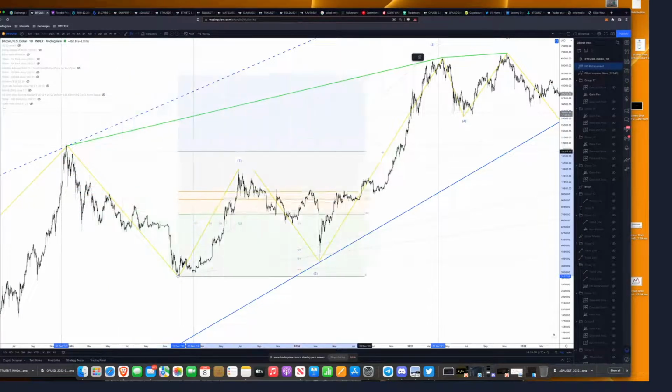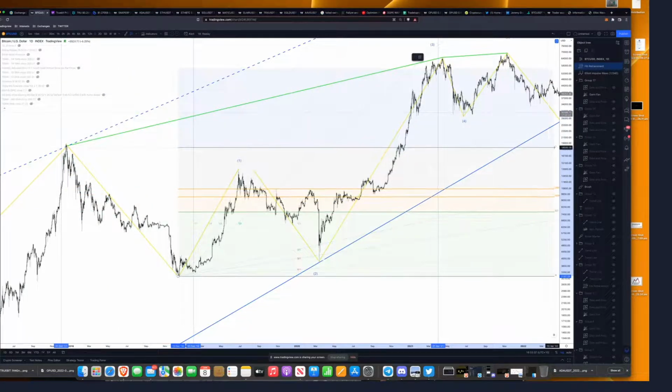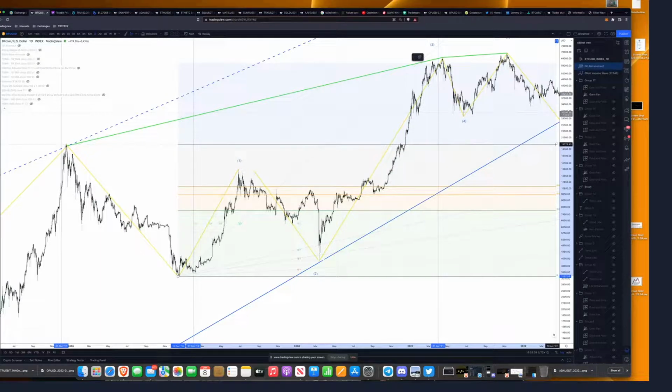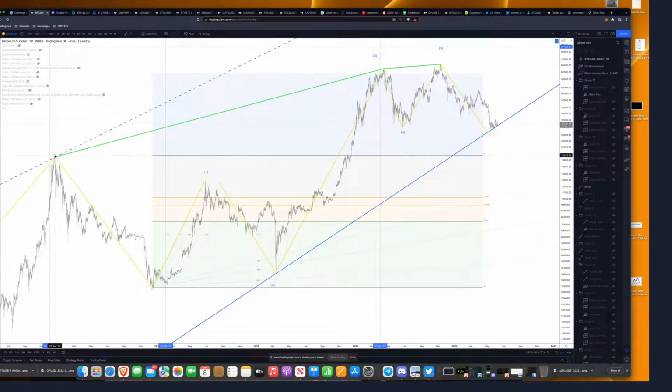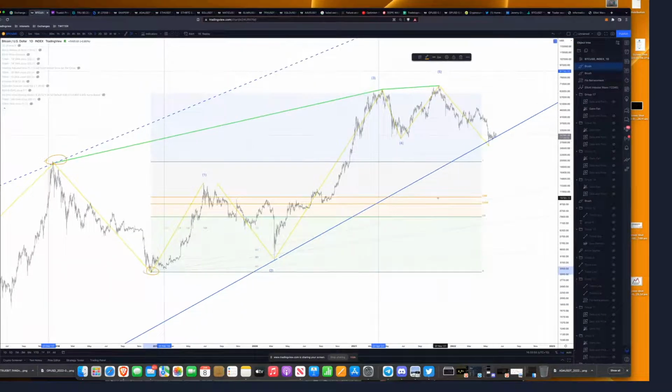Okay, so if we do that, you can see that's my reference point for 1, and that's my reference point for 0. I won't go into it, it's going to confuse the hell out of you guys.